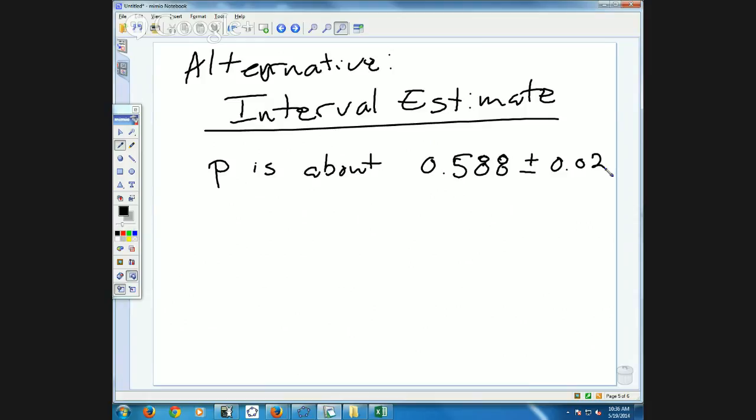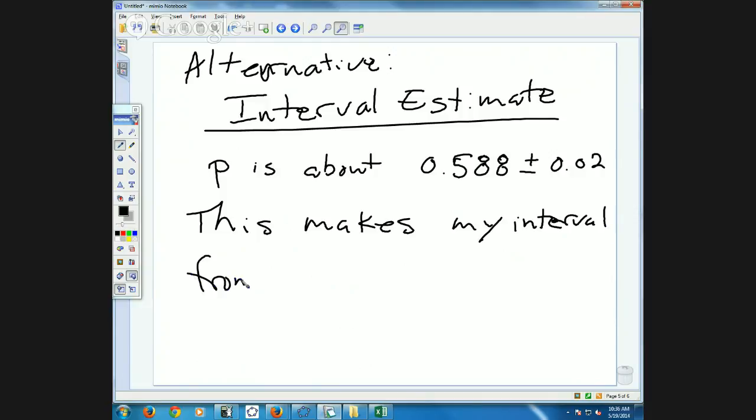So that would make our interval from 56.8% to 60.8%.